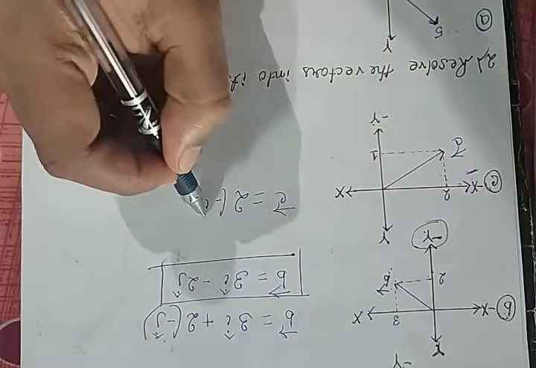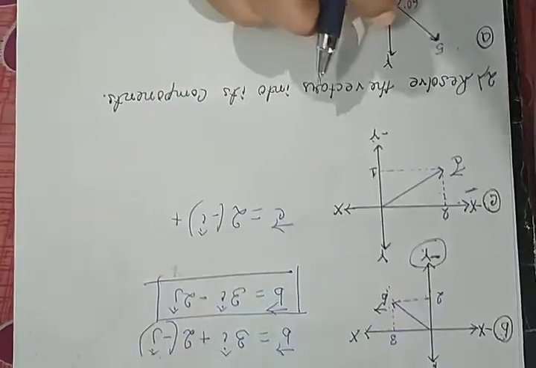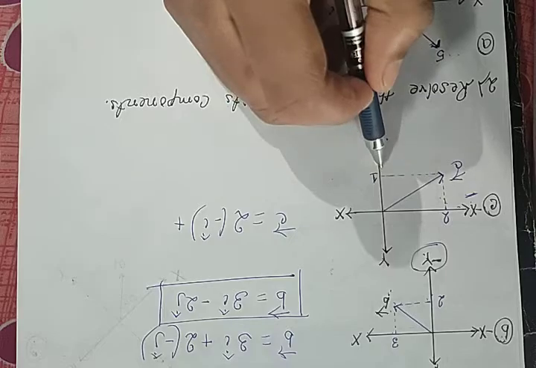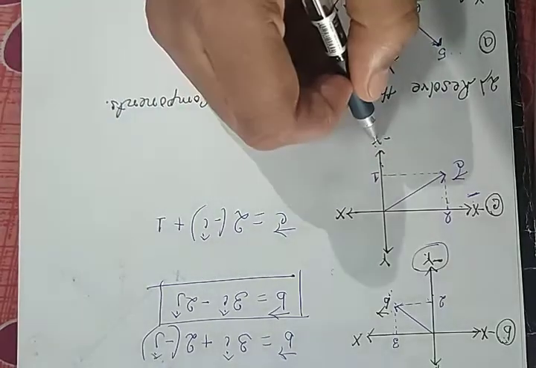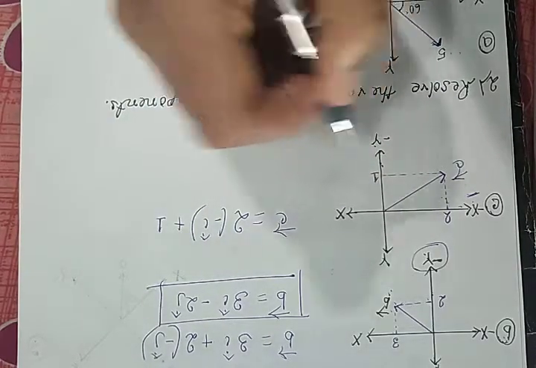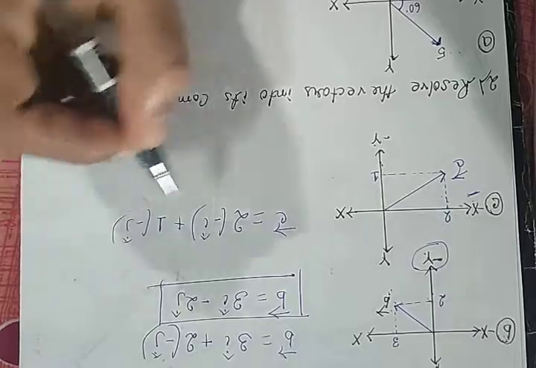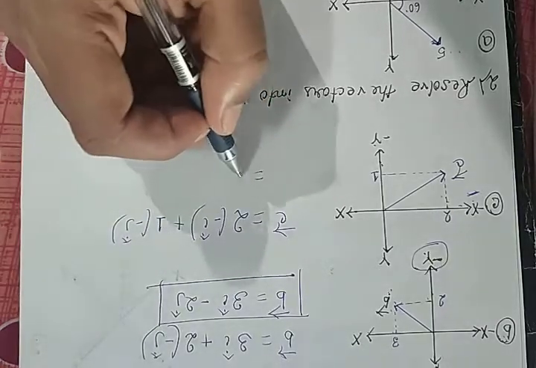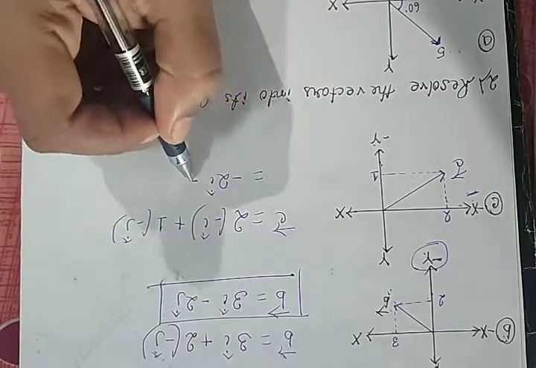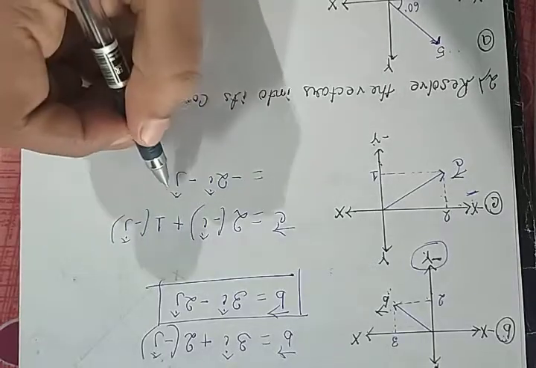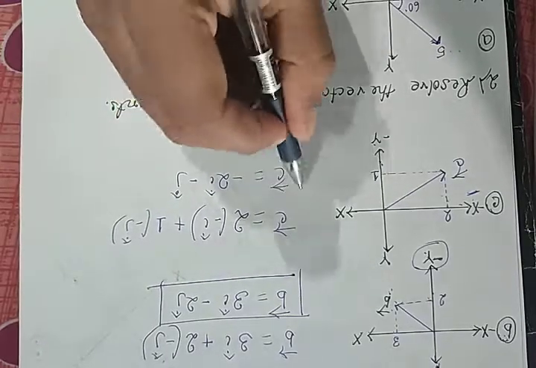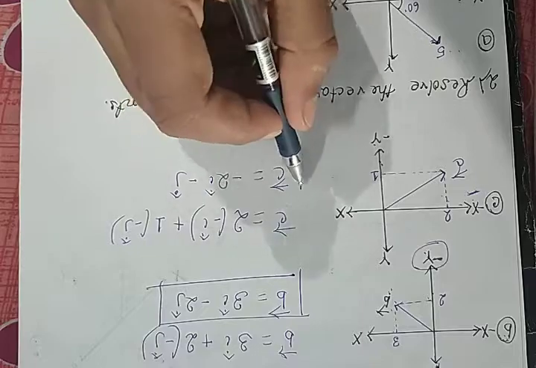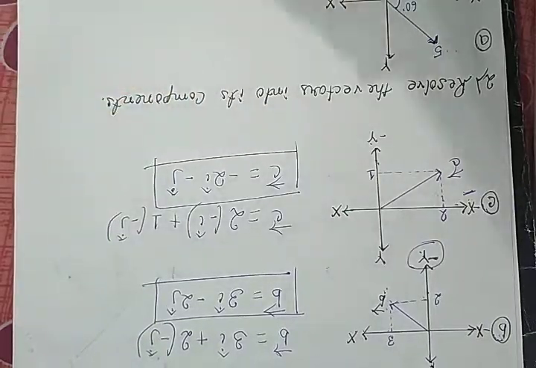That is minus i hat, plus its value in the y axis is 1, and the unit vector along the negative y axis is minus j hat. So minus 2 i hat minus 1 into j hat is j hat. So finally you can write minus 2 i hat minus j hat. This is your mathematical form.